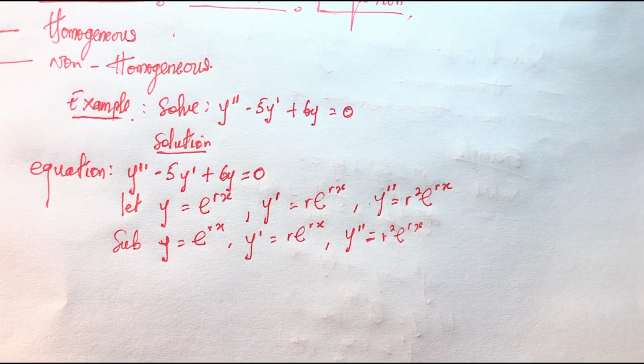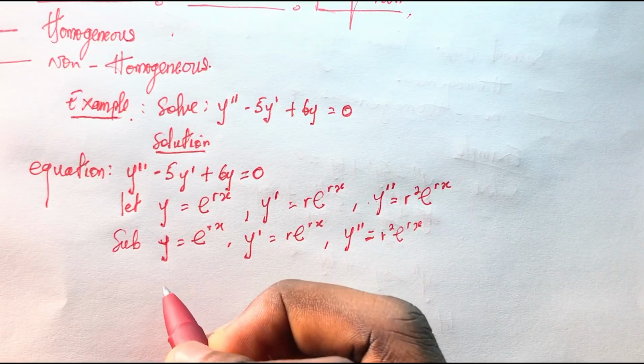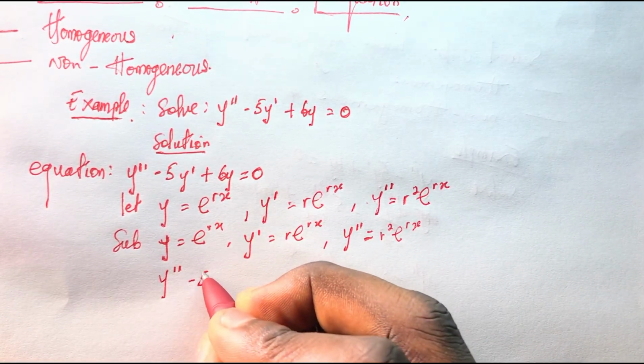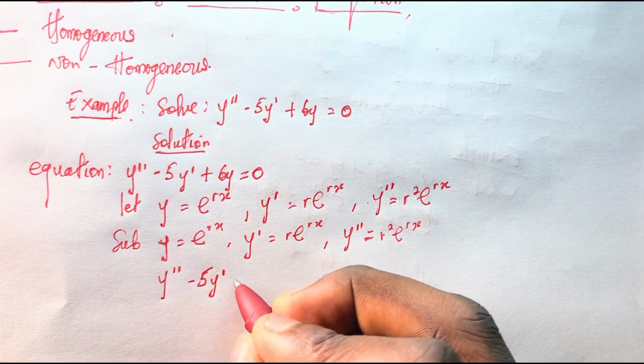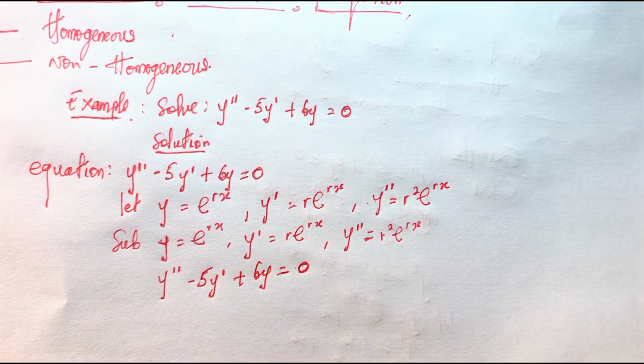This is the equation y double prime negative 5y prime plus 6y equals 0.